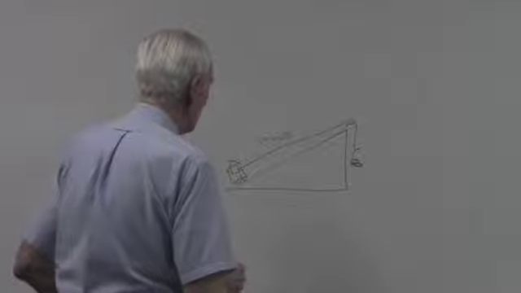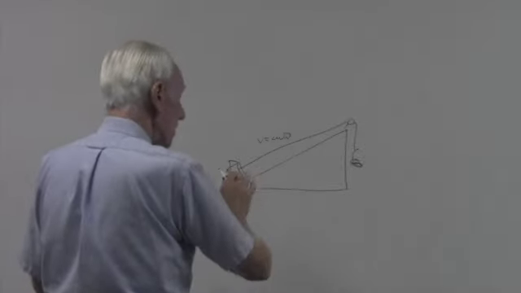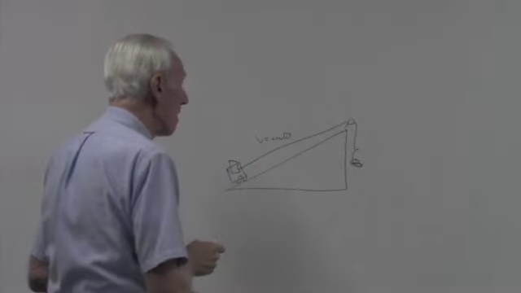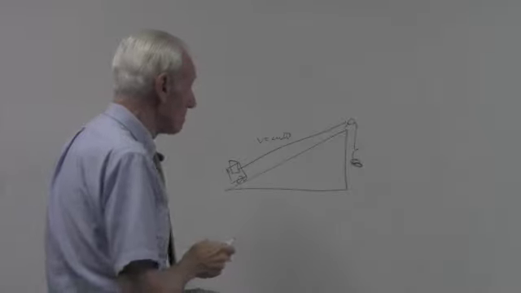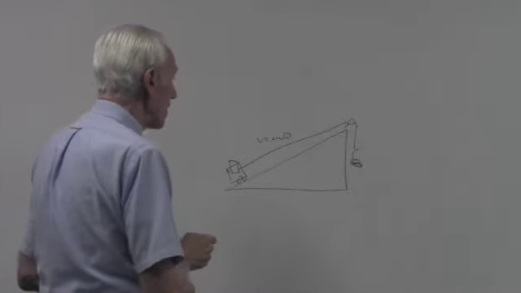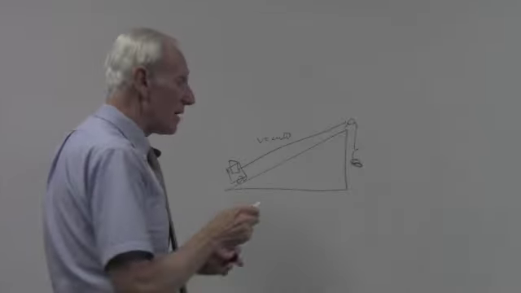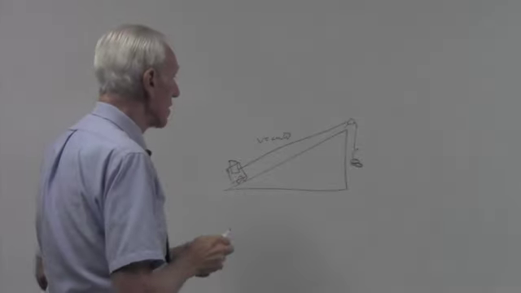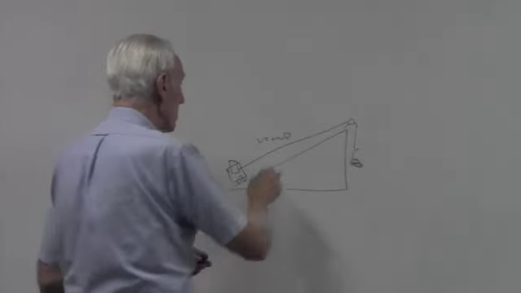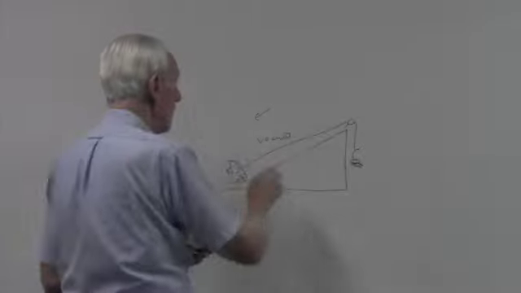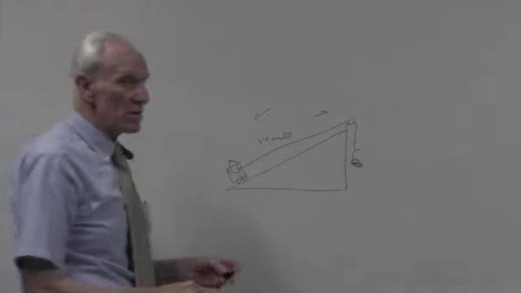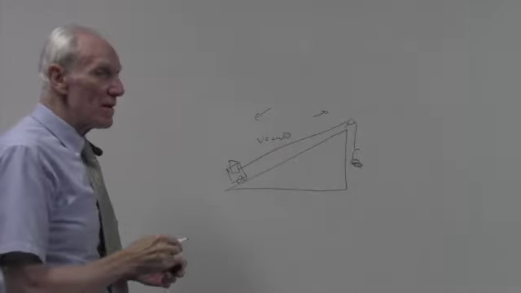So, if there's friction, it's going to take a little bit more force to pull it up than if there were no friction. And conversely, sometimes friction actually does help you out. This is one of those cases. If we let it down the incline, friction is going to be acting against the direction of motion, so it's going to be acting up.